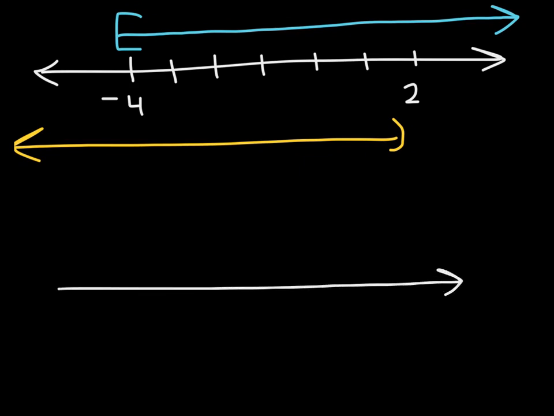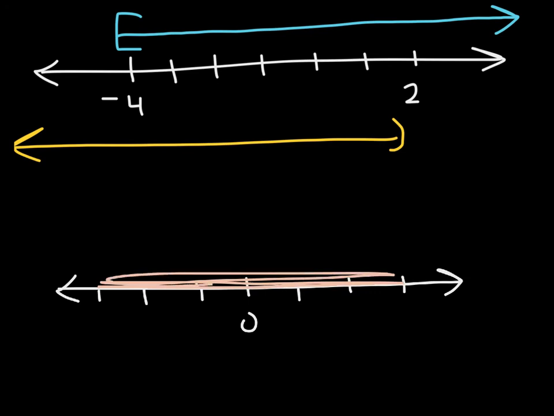How do you graph all real numbers? Like this. You make an arrow going in both directions. That's all real numbers, and that's kind of ugly, but I think you get the idea. Interval notation would say negative infinity to positive infinity. That's your answer in interval notation.